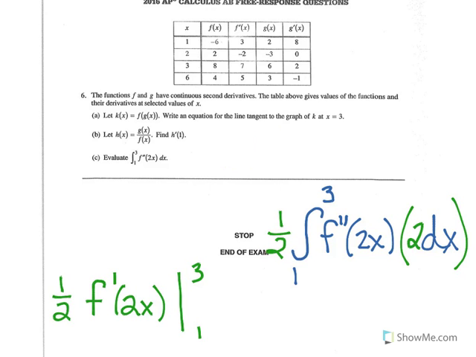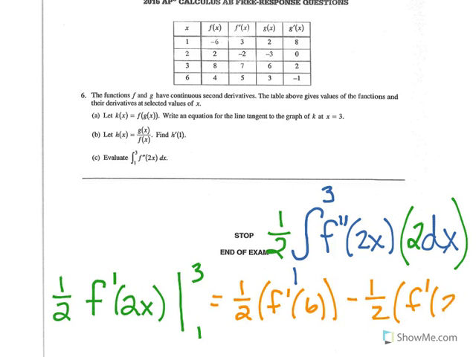Okay, so now that I've integrated, it's going to be equal to 1/2 f prime of 2 times 3, which is 6, minus 1/2 f prime of 2 times 1, which is 2. So f prime of 6 is 5.